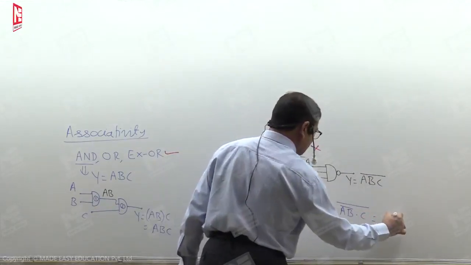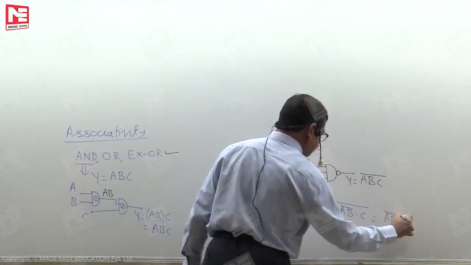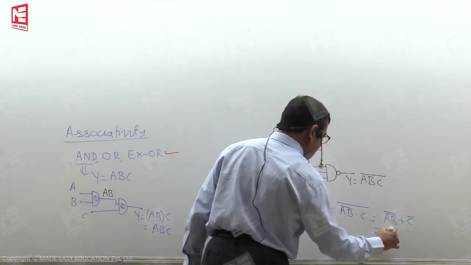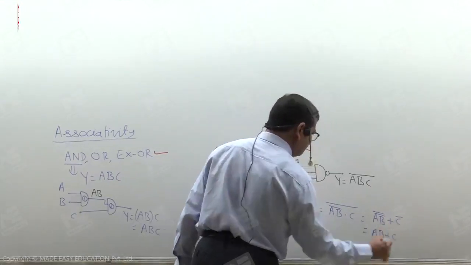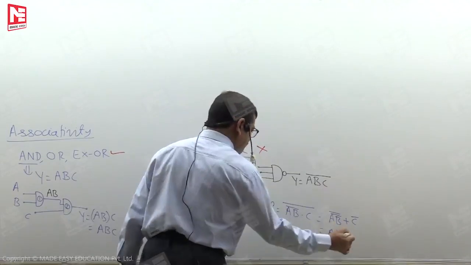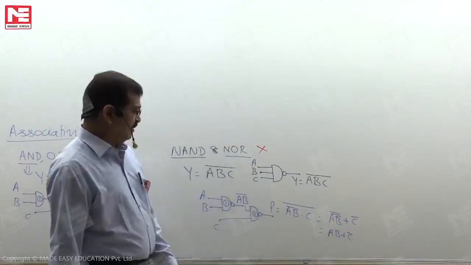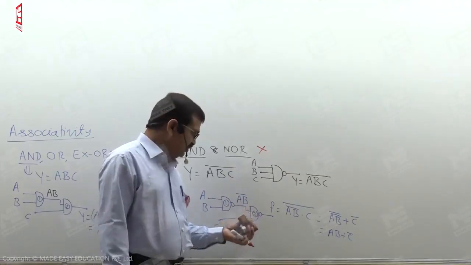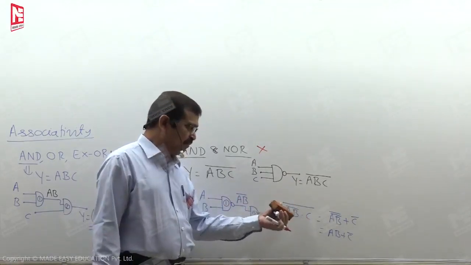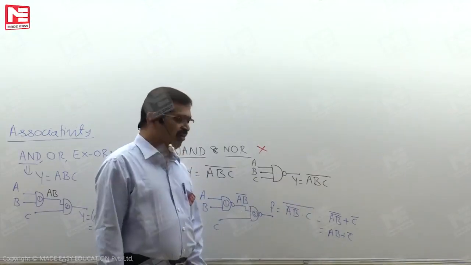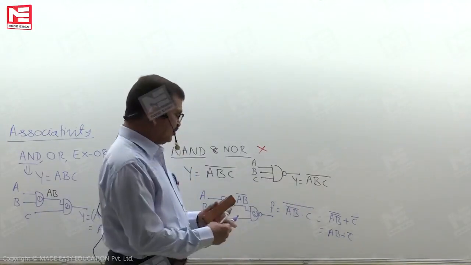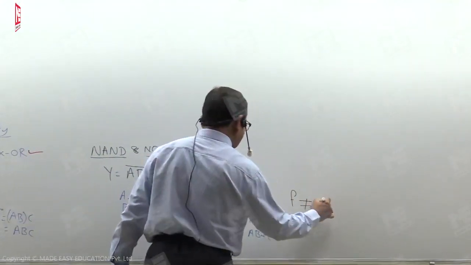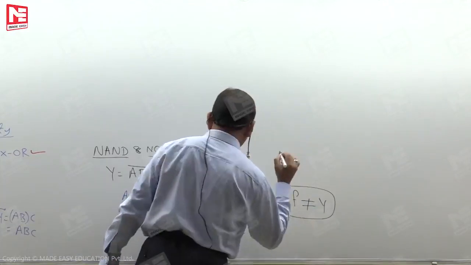Evaluate this by using De Morgan's property. Effectively this will be AB OR with C complement. So AB complement is one input to the second NAND gate, the second input is C, so AB complement AND with C, whole complement. Hence it is AB OR with C complement. The conclusion is this F is not equal to Y.